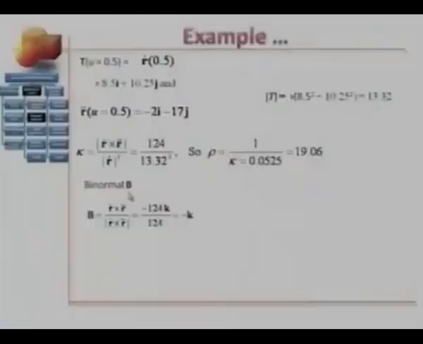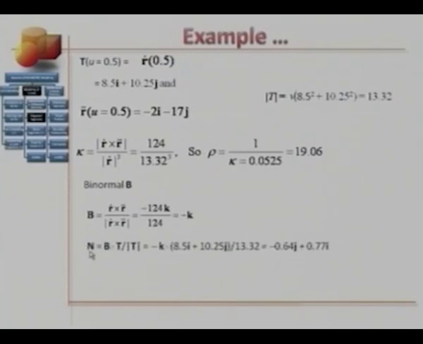Coming back, the binormal B is given by r dot crossed with r double dot over the magnitude. If you work out the algebra, this is simply minus k, which is quite straightforward because the segment that we are considering lies on the xy plane. The normal then is given by b crossed with t here.